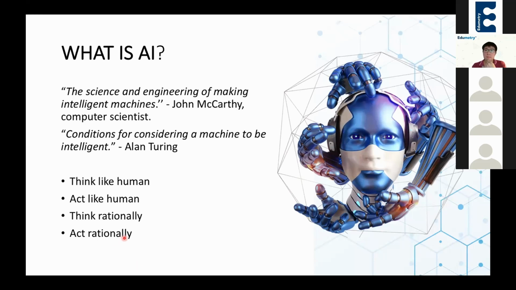And the summary of the definition is that our ultimate goal in AI is to design a machine that thinks rationally and acts rationally. We are not only looking for a solution, but we want to optimize our goal, optimize our objective. We are looking for the best solution.